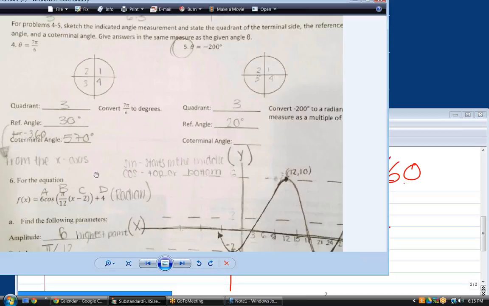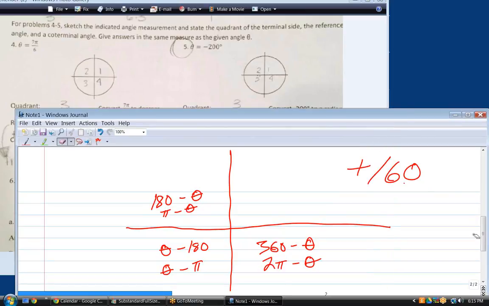The only problem I would have with your answer on 4 was they gave it to you in radians. I would tend to want to keep it in radians. In other words, in number 4, I would go 7 pi over 6 plus, instead of 360, let's do plus 2 pi. Well, 2 pi is 12 pi over 6. So that's 19 pi over 6, a coterminal angle.